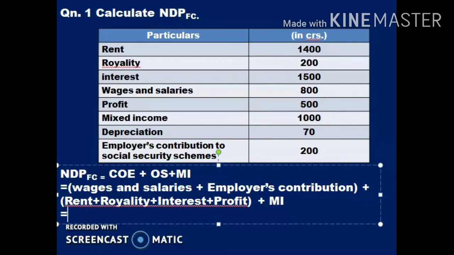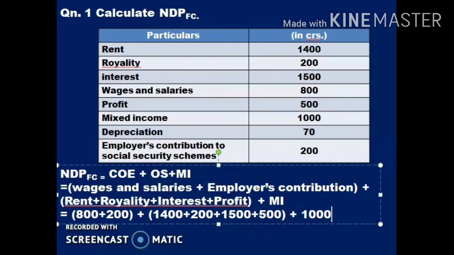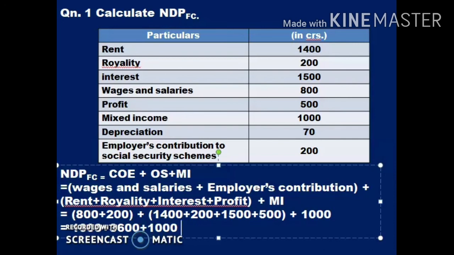It's equal to 800 plus 200 plus 1400 plus 200 plus 1500 plus 500, then plus 1000, then 1000 plus 3600 plus again 1000, so it's equal to 5600.